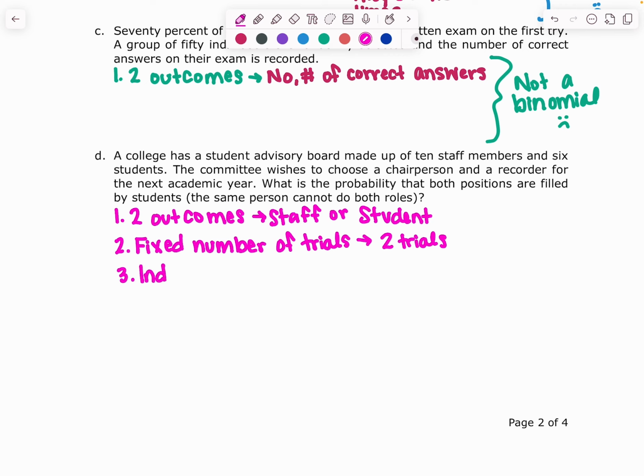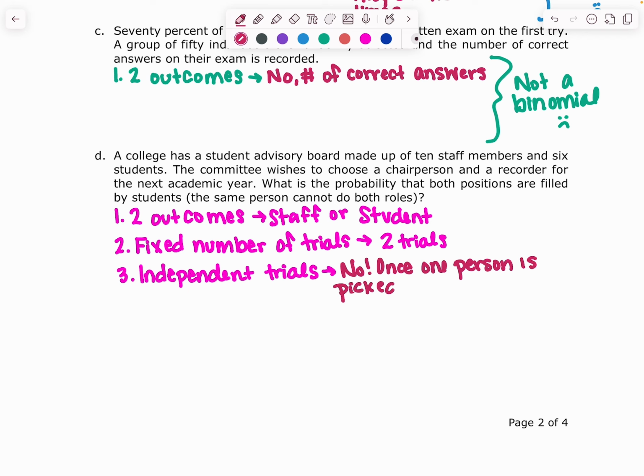And the last one, do we have independent trials? Hopefully, this is where you said no. Because the same person cannot do both roles, once one person is picked, the overall total changes.